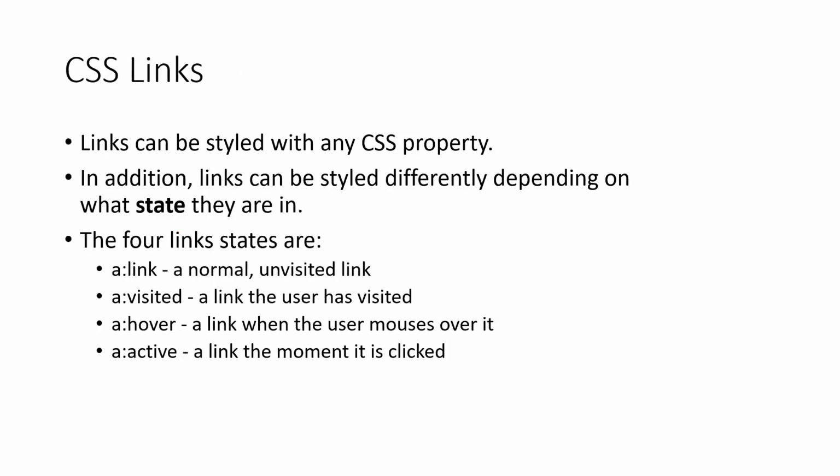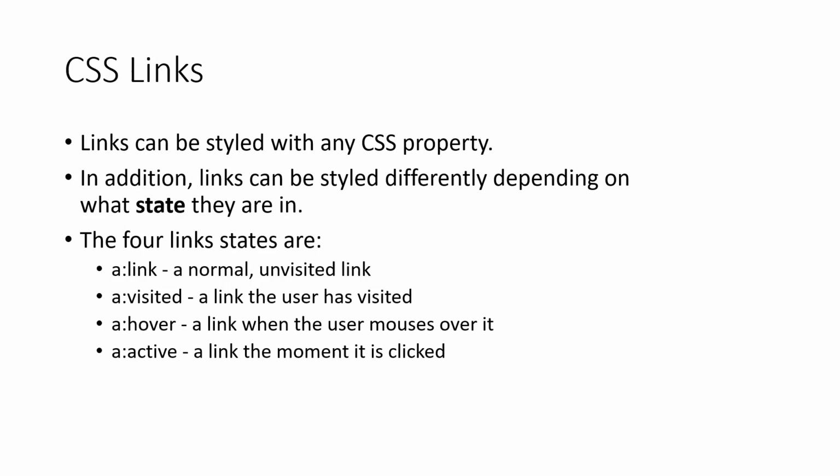Right. The next is about links. In links, we can also work with the different states of the links. For example, when you want to style a normal unvisited link, we can specify a:link.